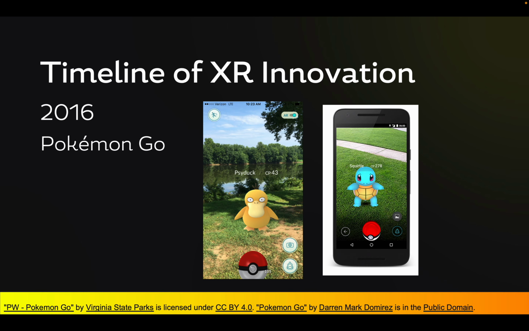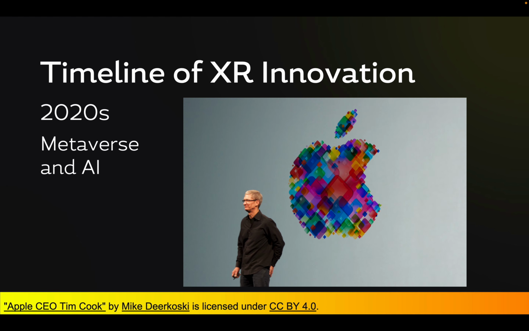So continuing on into 2016, going back to Pokemon Go, this was the first time that AR was really brought into the mainstream media, and now it's kind of a household term and concept thanks to this application. And going on to the future and today, the whole market has expanded a lot.